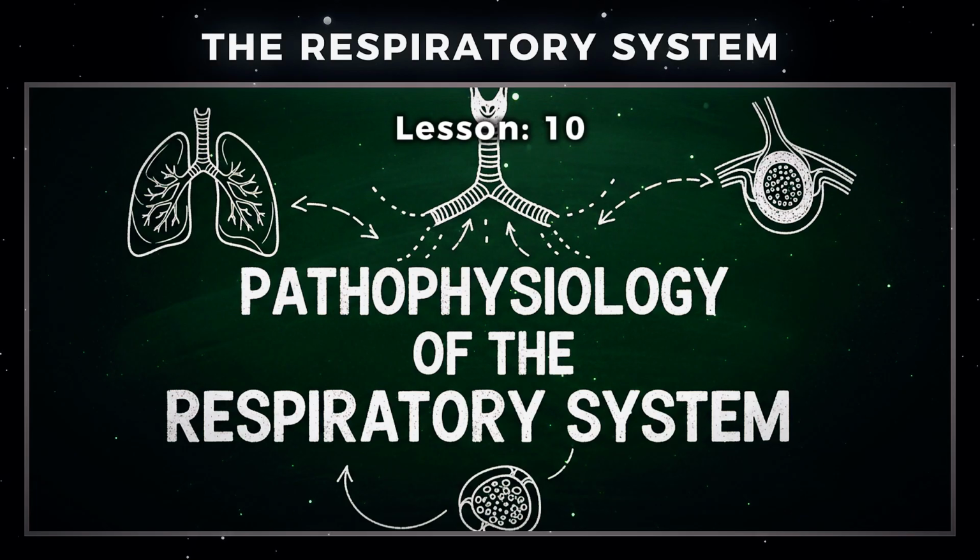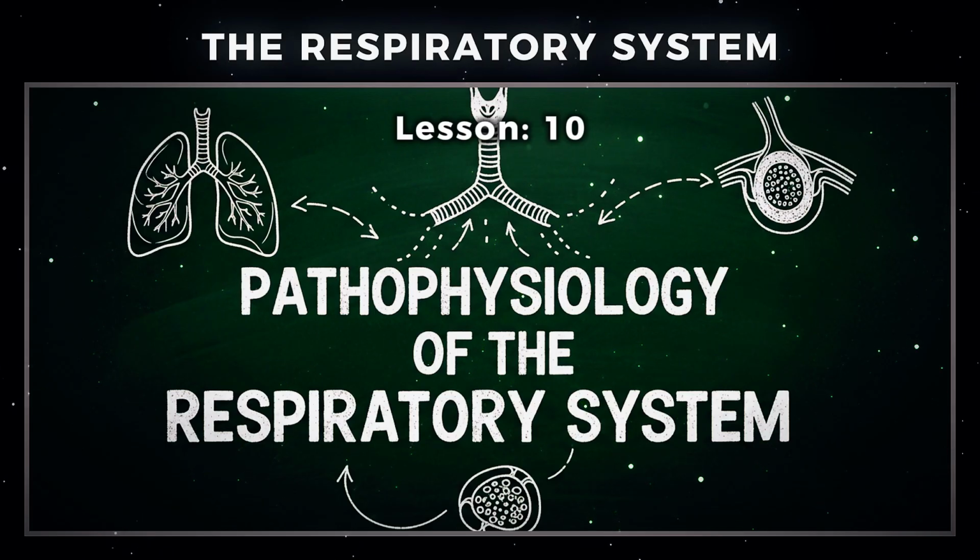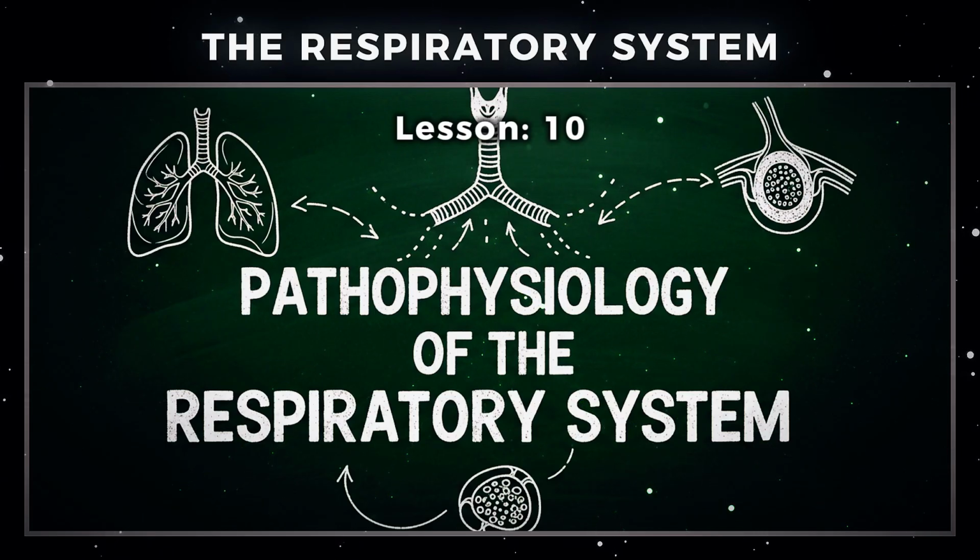Finally, we have disorders of gas exchange, such as pneumonia. Pneumonia is essentially an inflammatory flood in the lungs. When bacteria or viruses take hold in the alveoli, the body responds by sending white blood cells and fluid to the area.